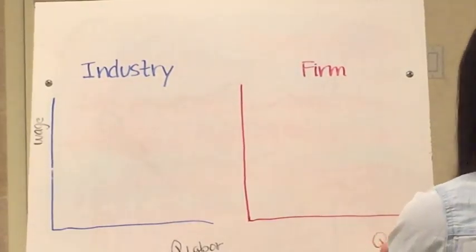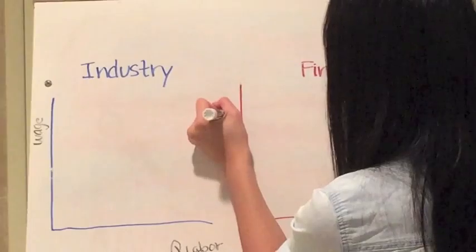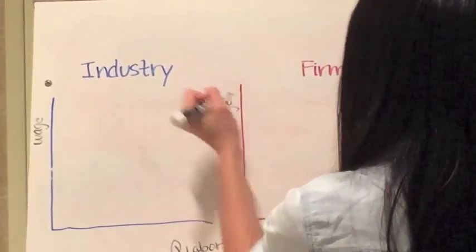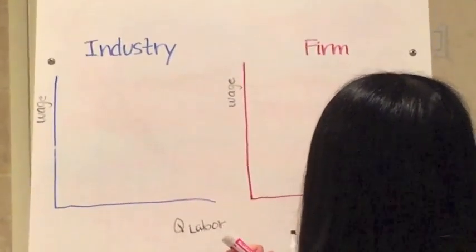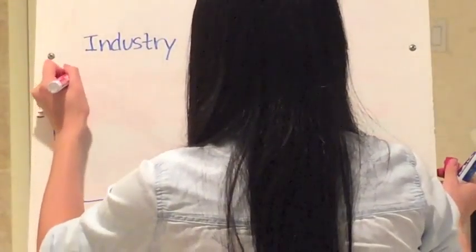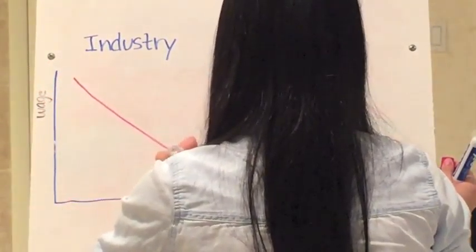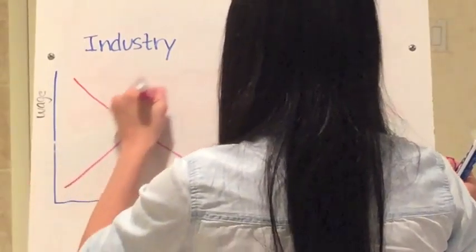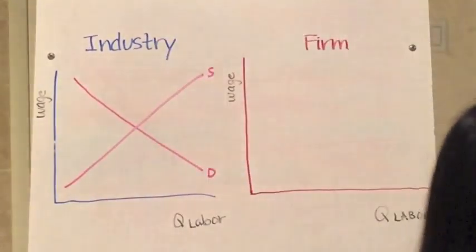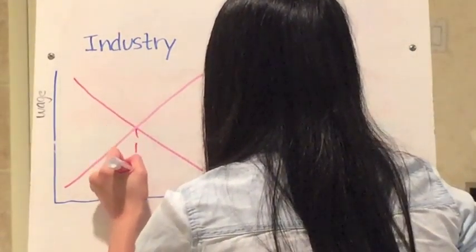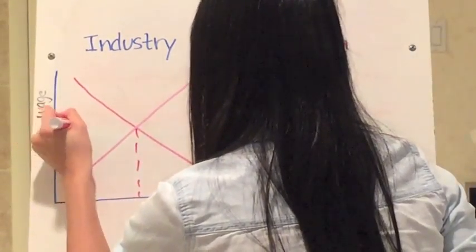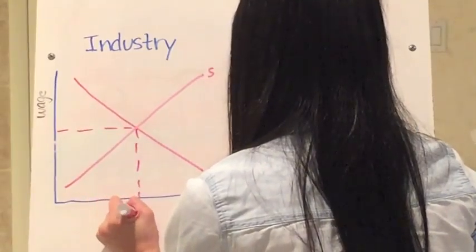The right-hand graph will describe the individual firm's reaction to conditions set by the entire economy. The first graph, which describes the activity in the labor market in this case, features an increasing supply curve that intersects a decreasing demand curve at the market equilibrium point of W, the equilibrium wage, and QM, the equilibrium quantity.